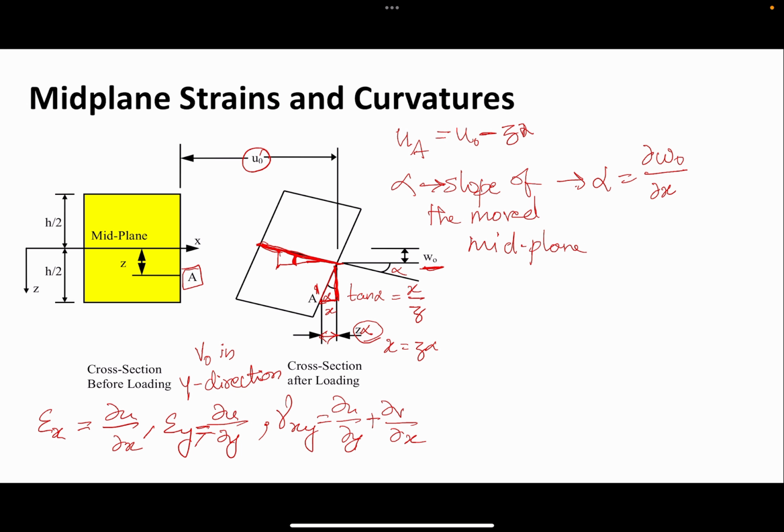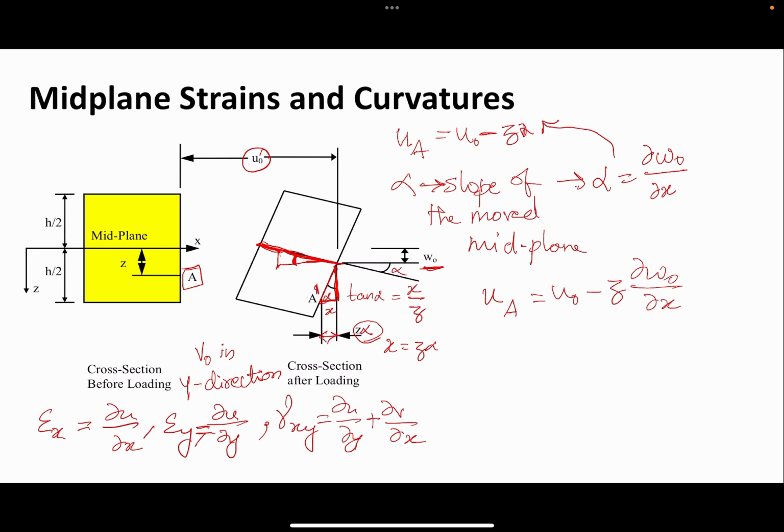We cannot use the total differential like we use for beams in solid mechanics, metallic beams. Here it's dou w naught by dou x. So if you substitute this value in this equation, then uA becomes u naught minus z into dou w naught by dou x.